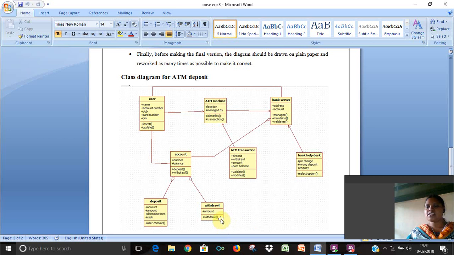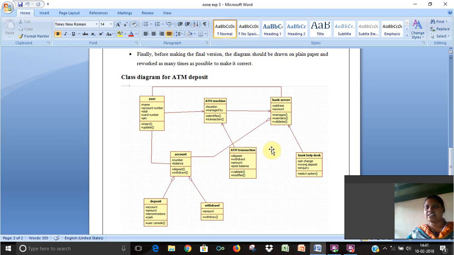This is the withdrawal class. These two classes depend on account, and the user depends on account, bank, and ATM machine, and account depends on a bank server. The bank server will validate and update whatever the user is going to do.